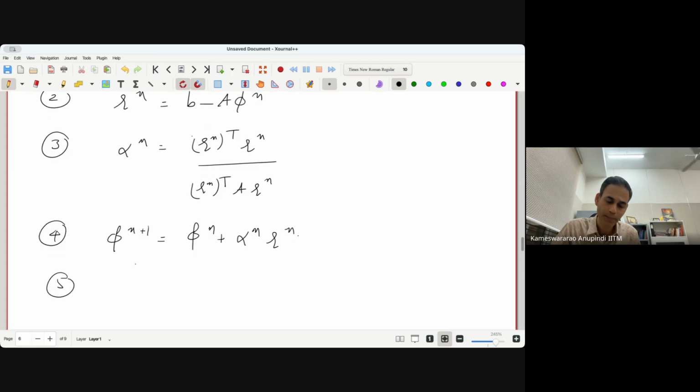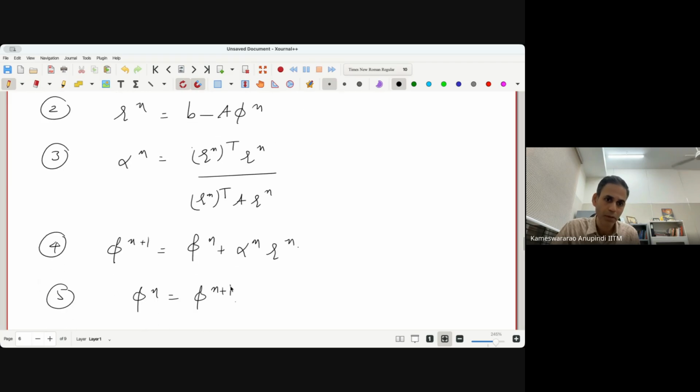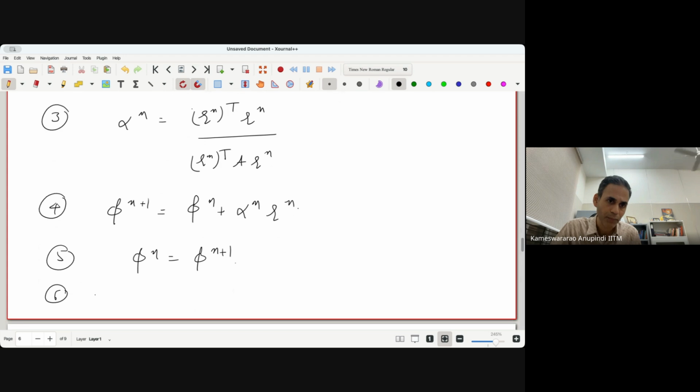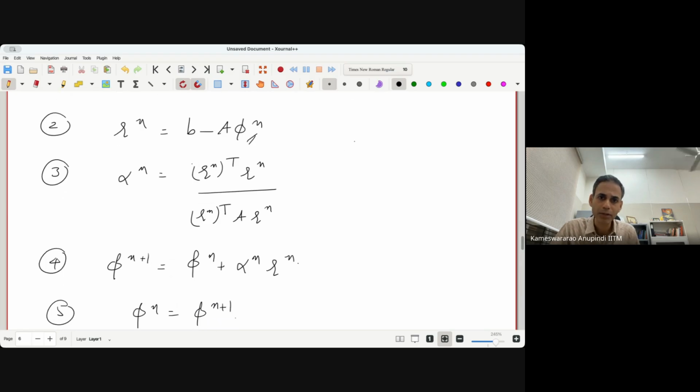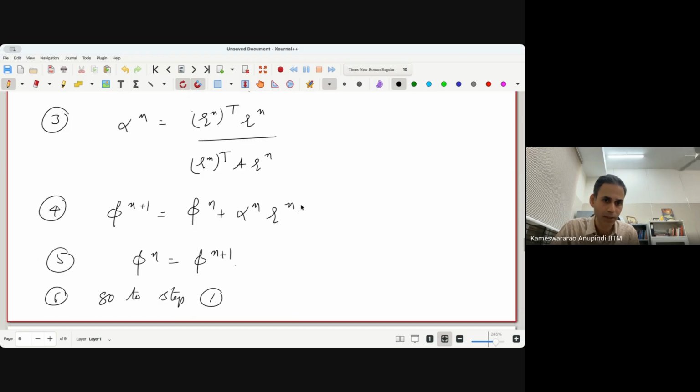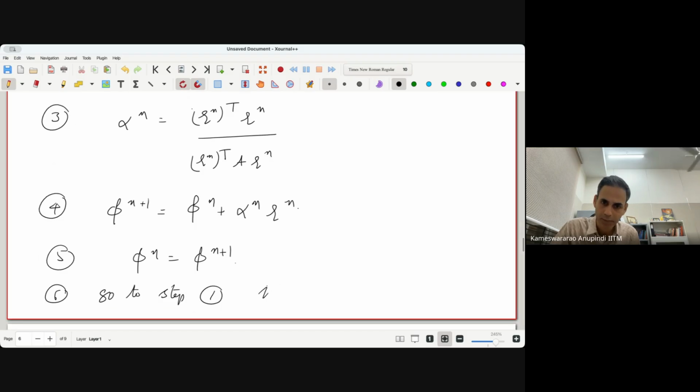Once I know this, my new phi n equals phi n plus 1, and then I go to step 1 and keep iterating until convergence.